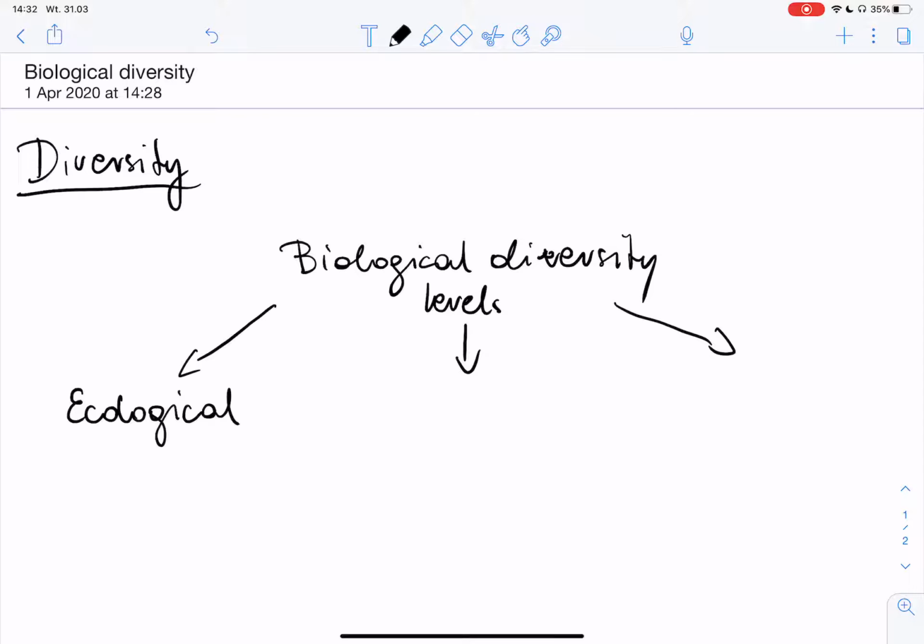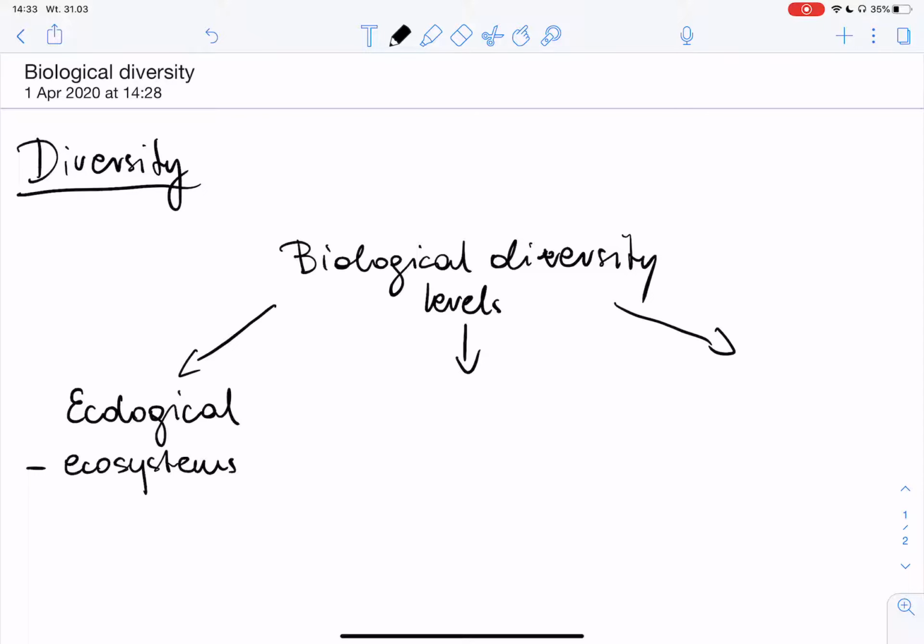And it refers to ecosystems and the number of ecosystems. The size of the diversity depends on the number of ecosystems in a certain place. So it has to be thought about globally because there are some regions in the world that have many more ecosystems than the others.